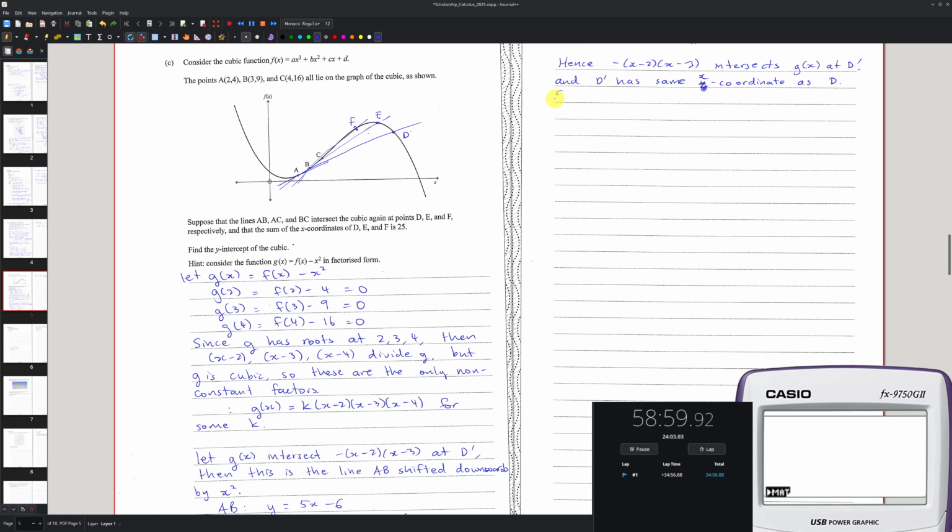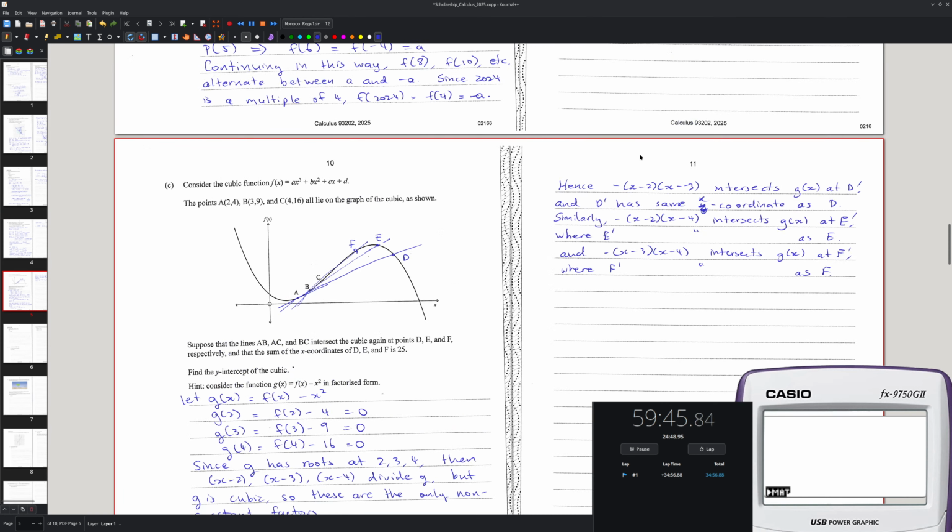Okay, so similarly, negative x minus 3, x minus 4, wait, AC is x minus 2, x minus 4, into 6 is g of x at E prime, where E prime has the same x coordinate as E, and negative x minus 3, x minus 4 into 6 is g of x at F prime, where F prime has the same x coordinate as F.